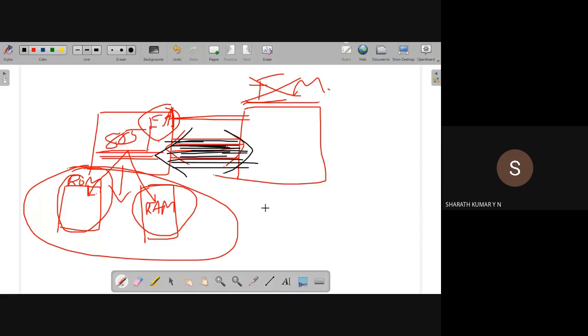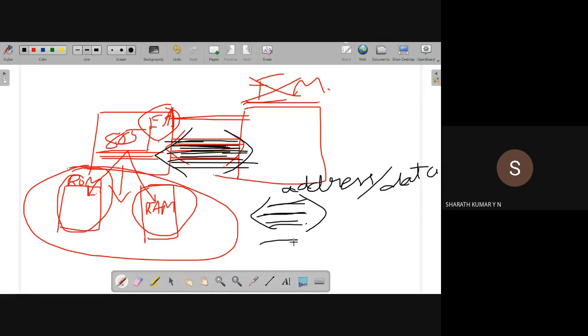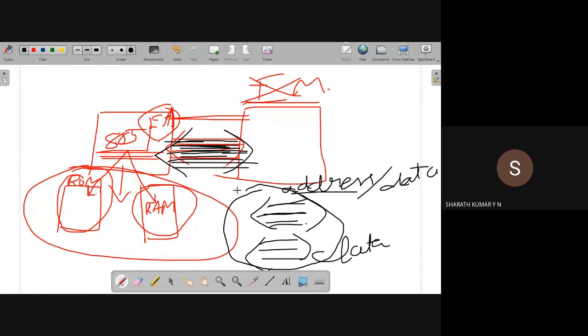Multiplex means, for example, at a time the lines will carry the address. After some time, they will carry the data. That is, the same lines are used for address as well as data. If you have separate lines, some set of lines can be used for address and some set for data, but it will take more lines, making use of more conducting lines.